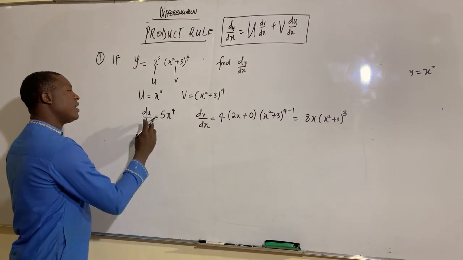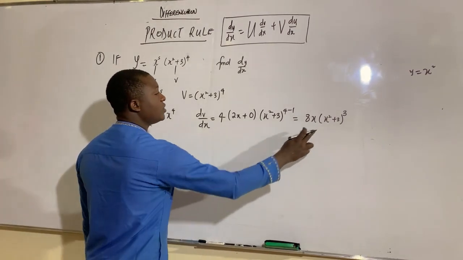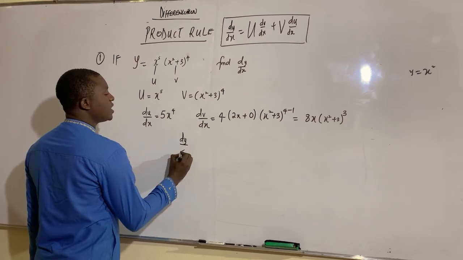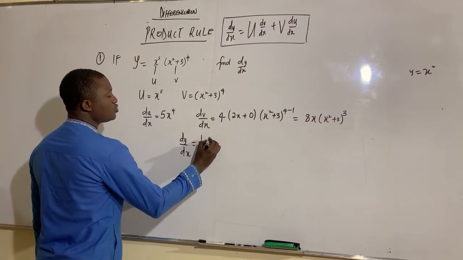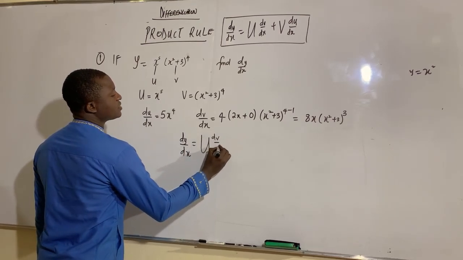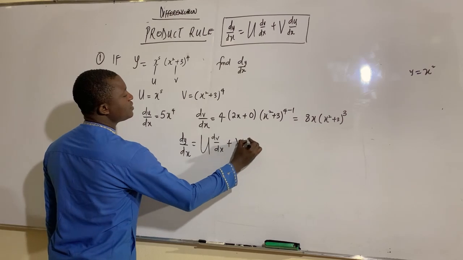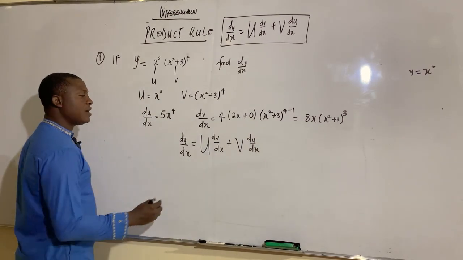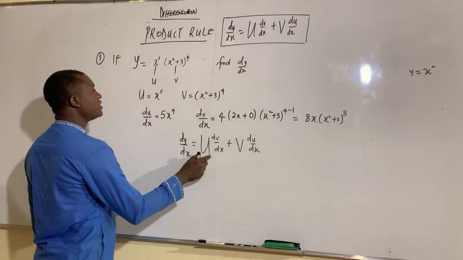Good. So now I have du/dx, at the same time we have our dv/dx. So now the formula: dy/dx is equal to u dv/dx plus v du/dx. So here we can have our u from here. What's our u from here?